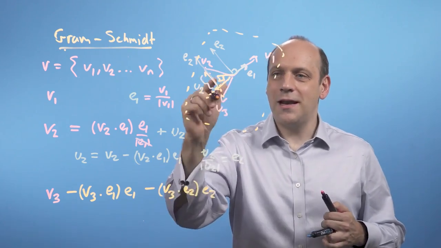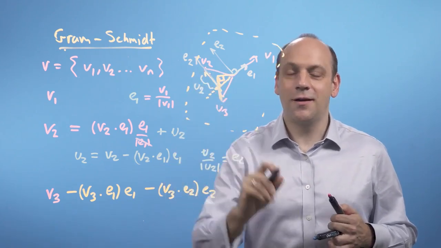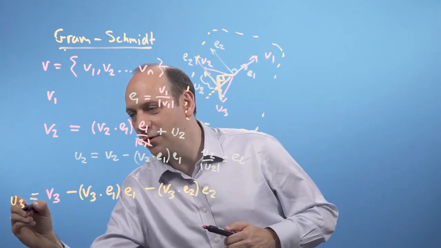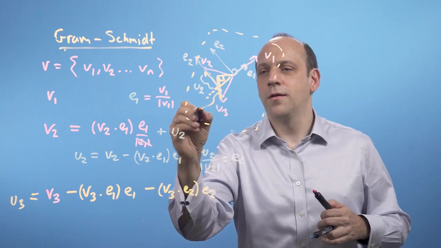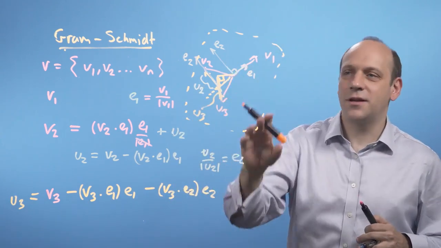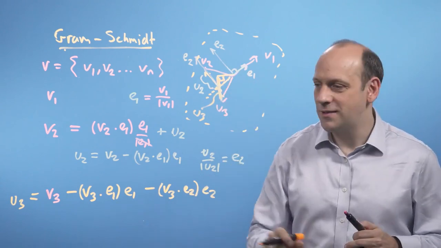And then all that's left is this perpendicular guy there. So that's going to be a perpendicular vector, which we'll call u3, which is perpendicular to the plane. Now, it's some funny 3D space, so the diagram gets quite messy.